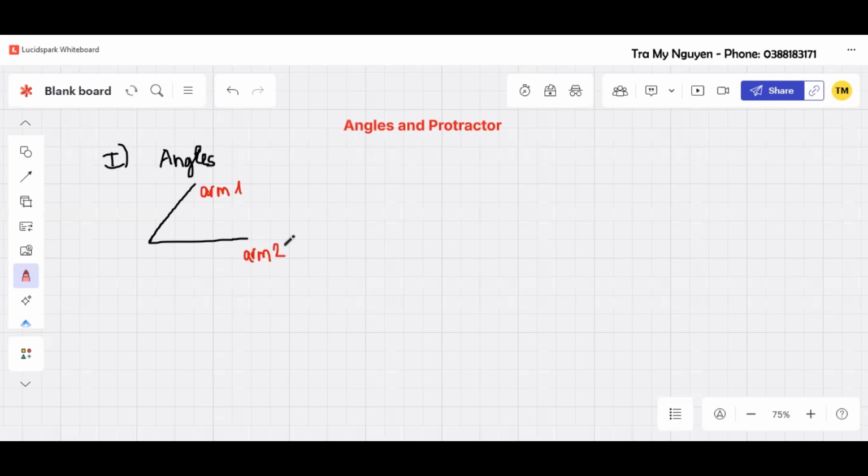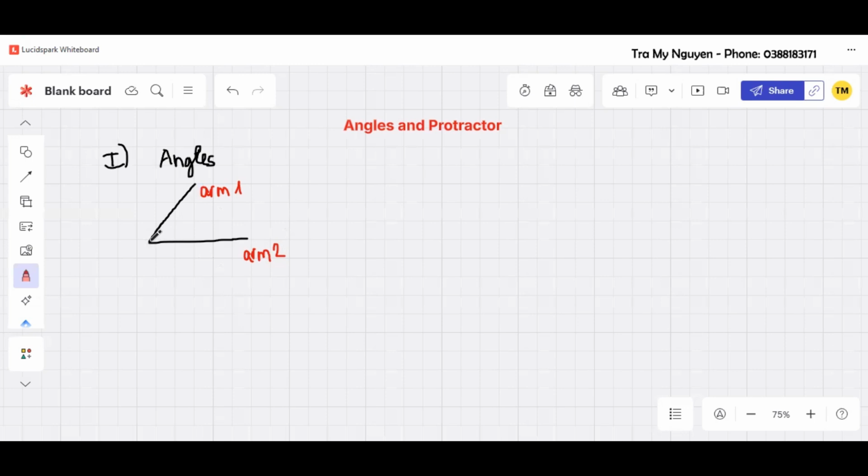Arm is just the name of these two lines, so you can freely name this line arm 1 or arm 2. It depends on you. If this line is arm 1, the other must be arm 2, and vice versa.